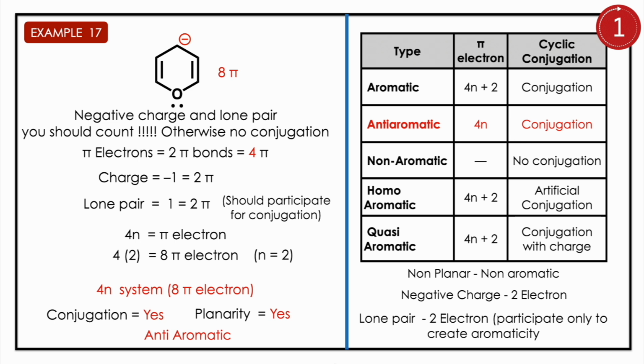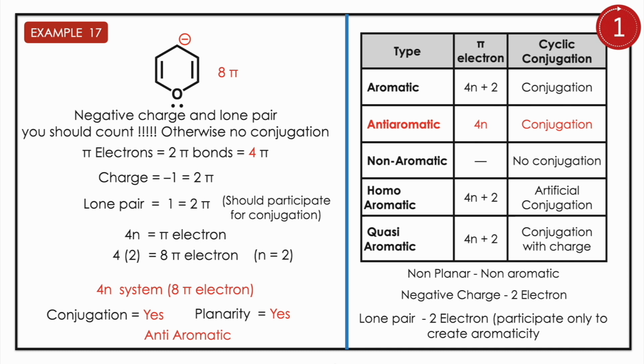Let us start from the basics. First, we will count the pi electrons. We have 2 pi bonds, so totally 4 pi electrons. Then you have an anion, so we count 2 pi electrons. Then you have 1 lone pair. For that, we should count 2 more pi electrons. So totally 8 pi electrons. 8 pi electrons is a 4n system where n equals 2.